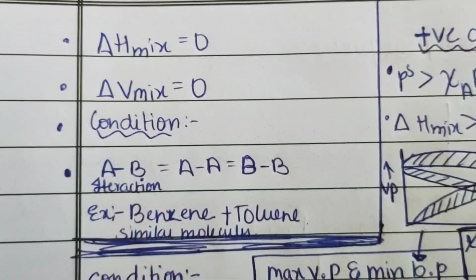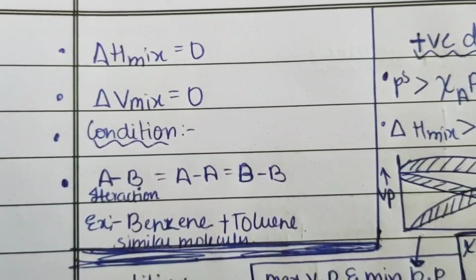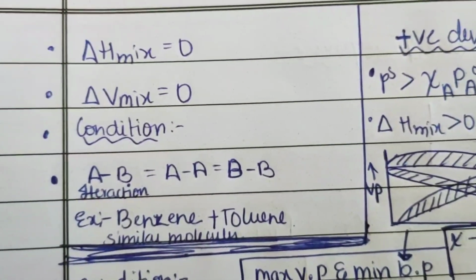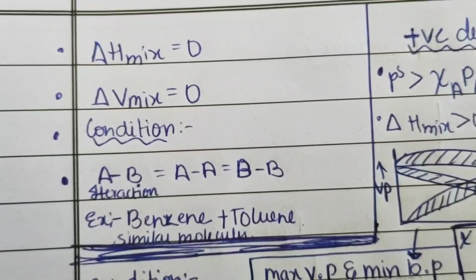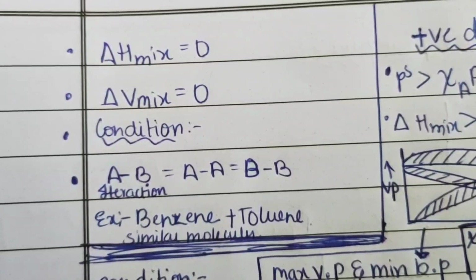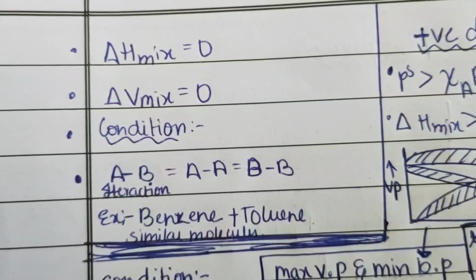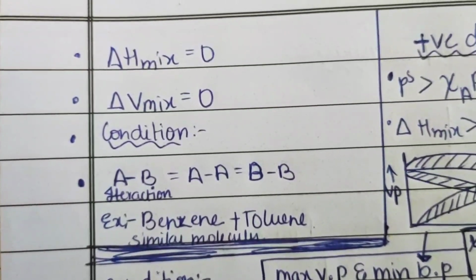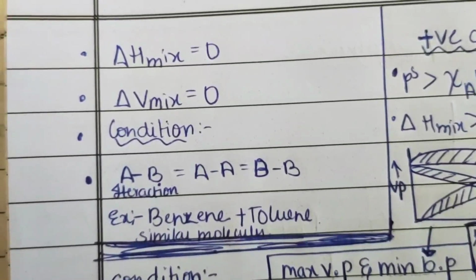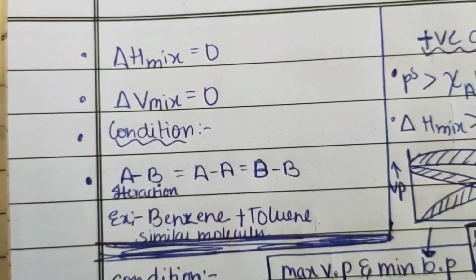In ideal solutions, delta H mix equals 0 and delta V mix equals 0. The condition here is that the interaction between A and B equals that between AA and BB. For example, benzene and toluene, which have similar molecules and similar mass.